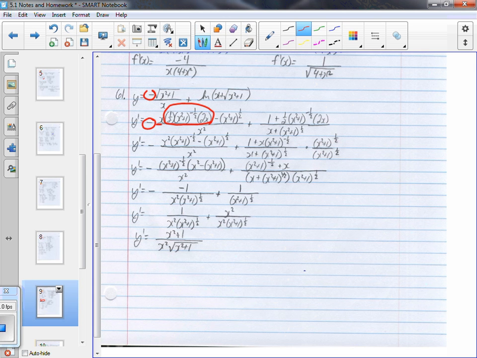Think of that square root as a quantity to the 1/2. So 1/2 times u, subtract 1 from the exponent, times the derivative of u, and then finish off the quotient rule. Minus the top times the derivative of the bottom, the derivative of x is 1, over the bottom squared.